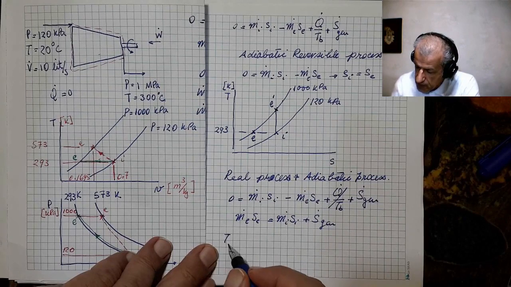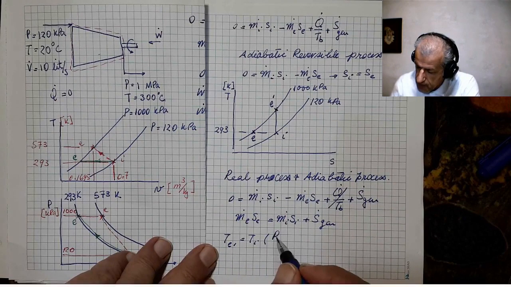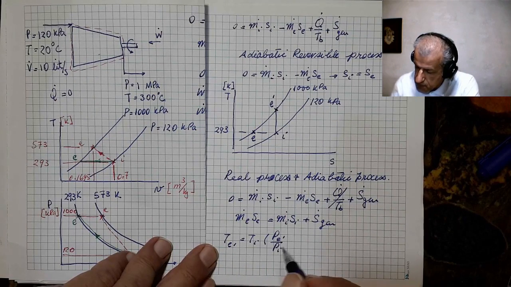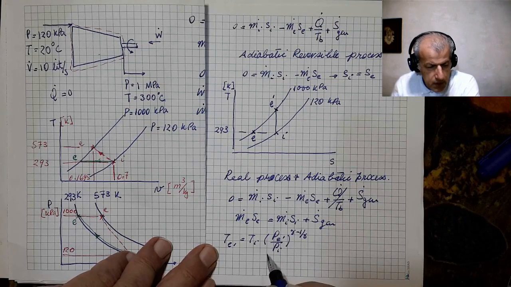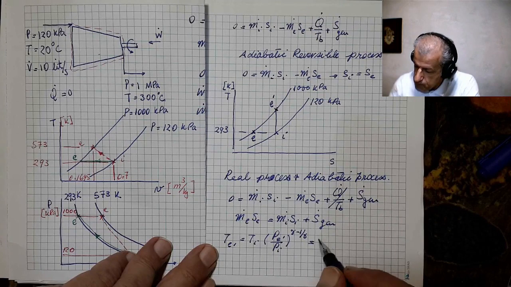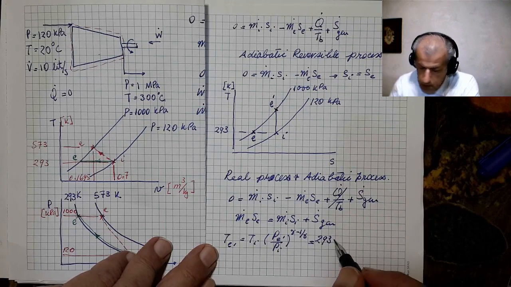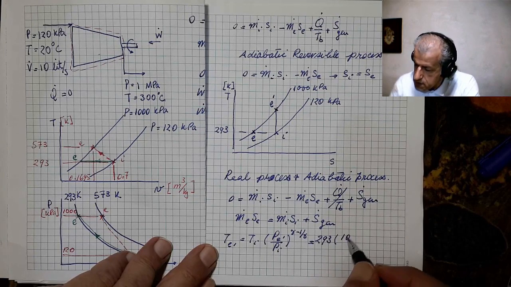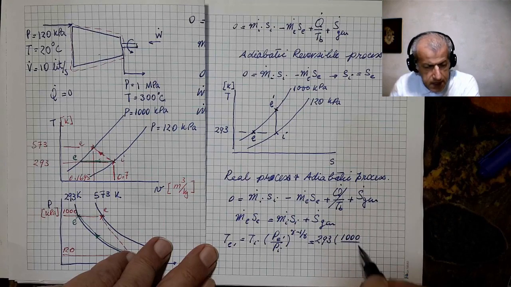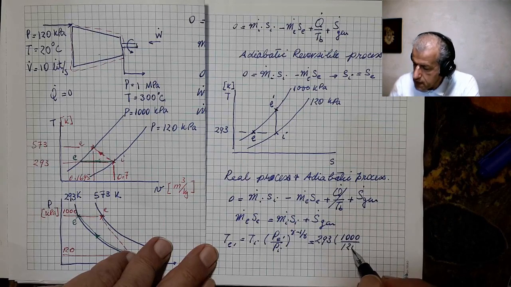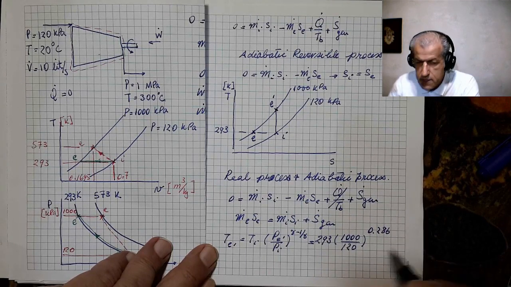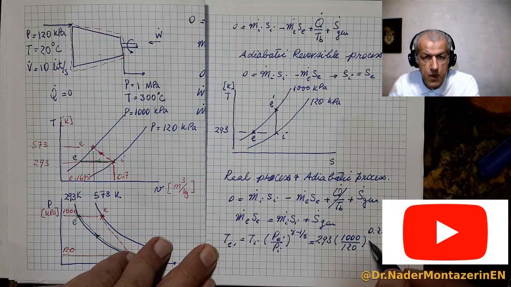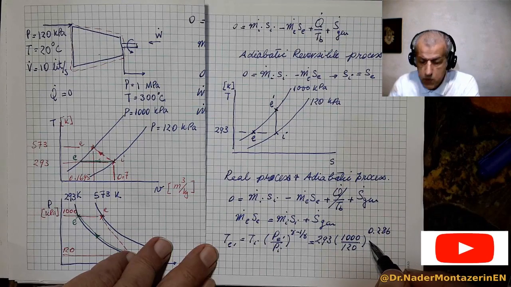T_e prime for the isentropic process equals T_i times (P_e prime over P_i) to the power (gamma minus 1) over gamma, which is 293 times (1000 divided by 120) to the power 0.286, which is (1.4 minus 1) divided by 1.4.